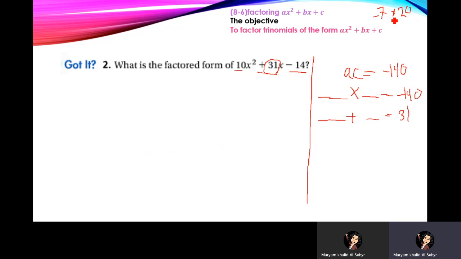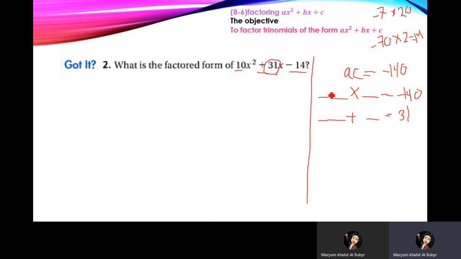Okay, Miss, one of them negative? But once you add them, will you get 31? No, no, no, no. So that's wrong. Once you think about 70 and 2, that is 140, but one of them should be negative. If I put the negative here or the negative here, I'm not getting 31. So what should I do?